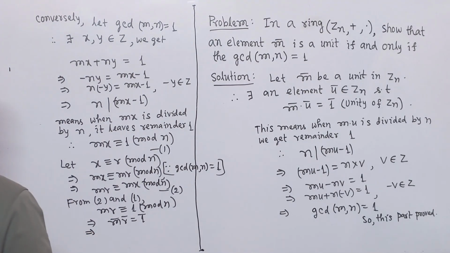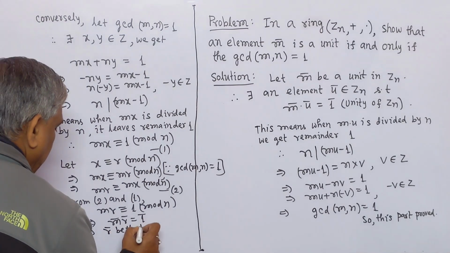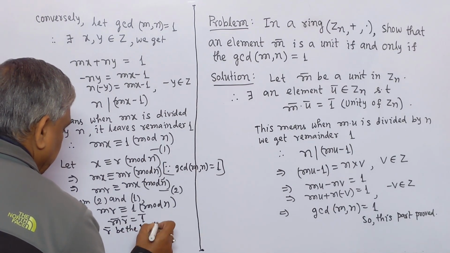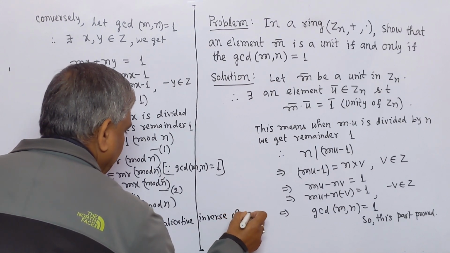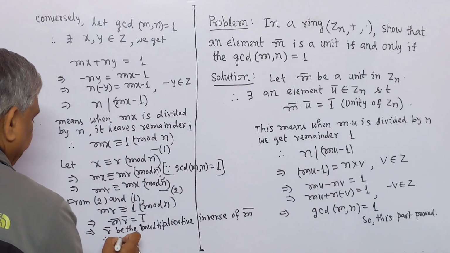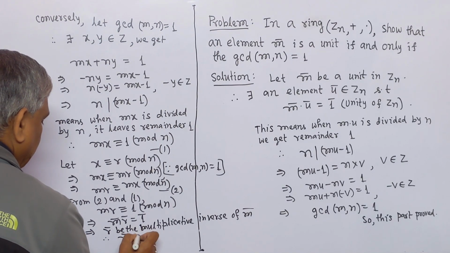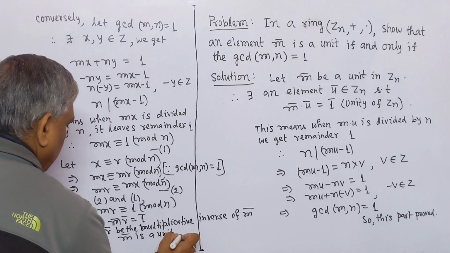This implies that r bar is the multiplicative inverse of m bar. Therefore, m bar is a unit. Proved.